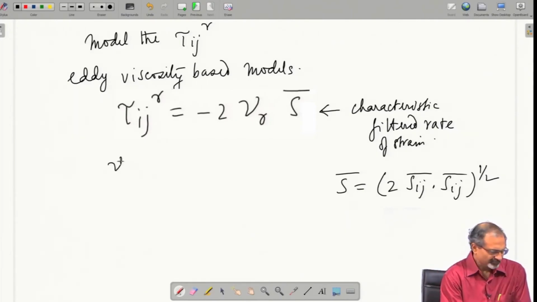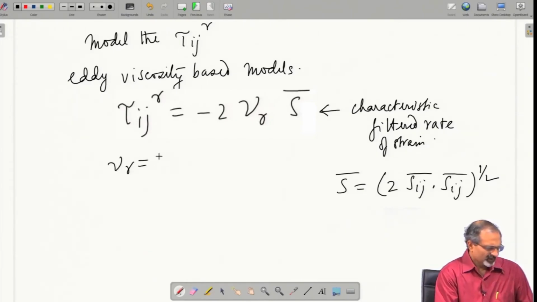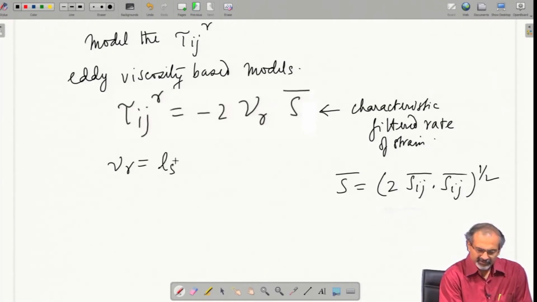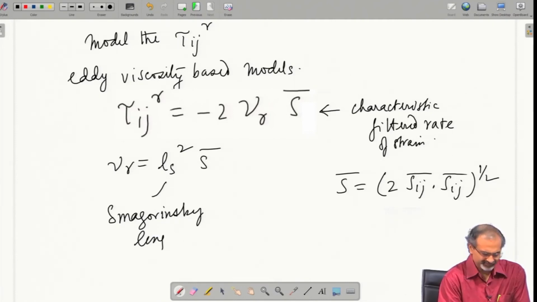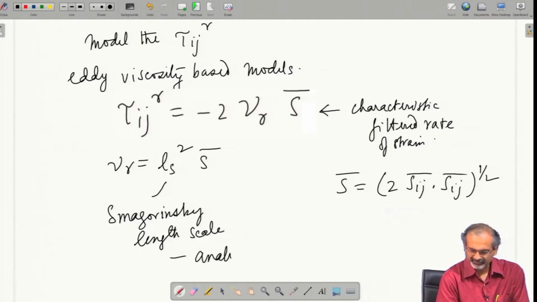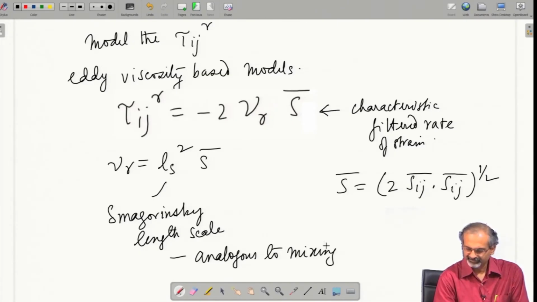And then the eddy viscosity is again expressed in terms of a Smagorinsky length scale, which is analogous to mixing length.